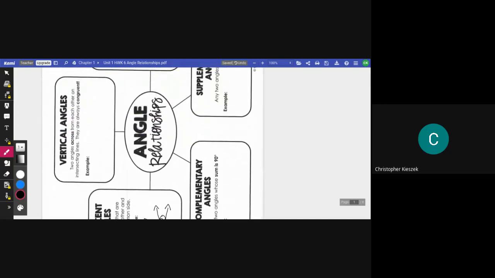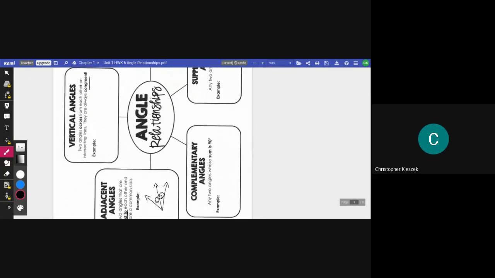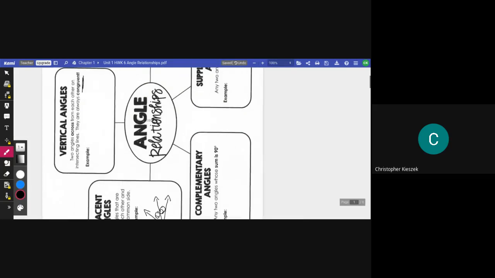Next, we have vertical angles. So vertical angles are two angles that are across from each other on intersecting lines, and as it says here, they are always congruent. So what does that mean? Well, think of vertical angles, the letter V, okay? The way I kind of remember it here.